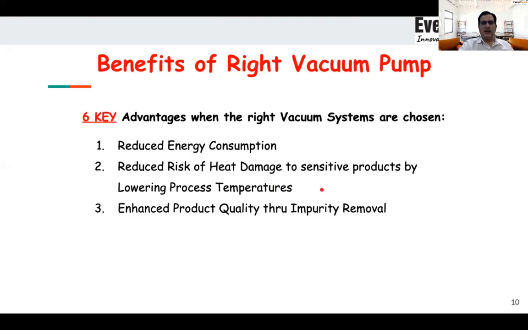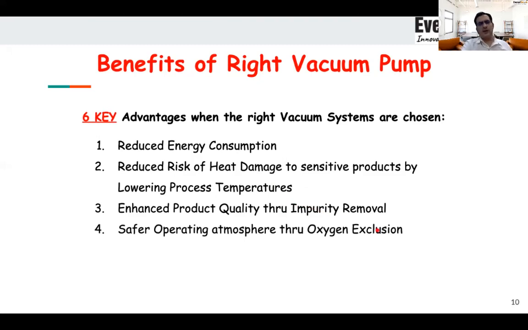Third advantage, enhanced product quality through impurity removal. As we keep moving towards medium vacuum, that is up to 10 raised to power minus 3, we keep improving on the product quality as we are removing impurities from the process. Fourth, safer operating atmosphere through oxygen exclusion.